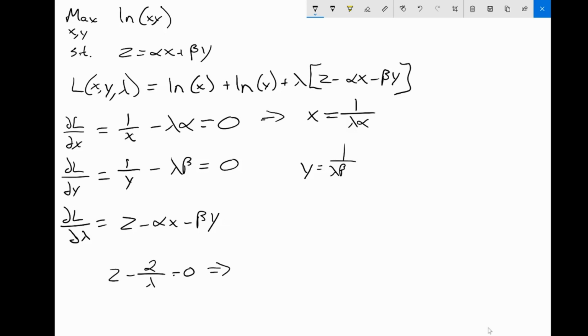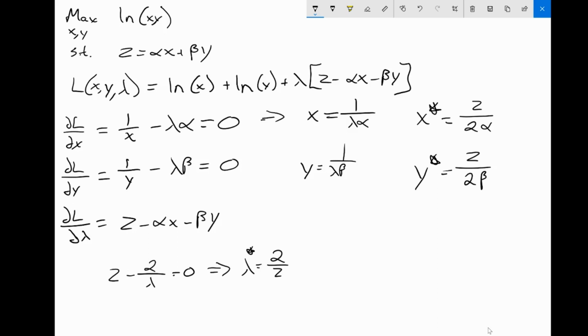So we solve that and we get lambda equals 2 over z. We take that, plug it back in up here, and what we will get is lambda star, x star equals z over 2 alpha, y star will equal z over 2 beta. All right, so there we have it.